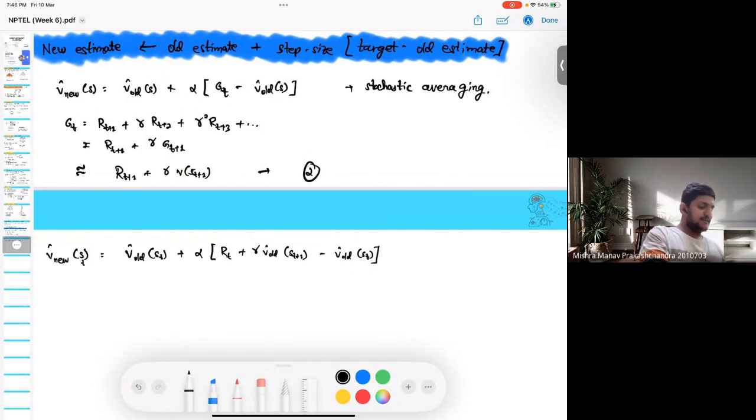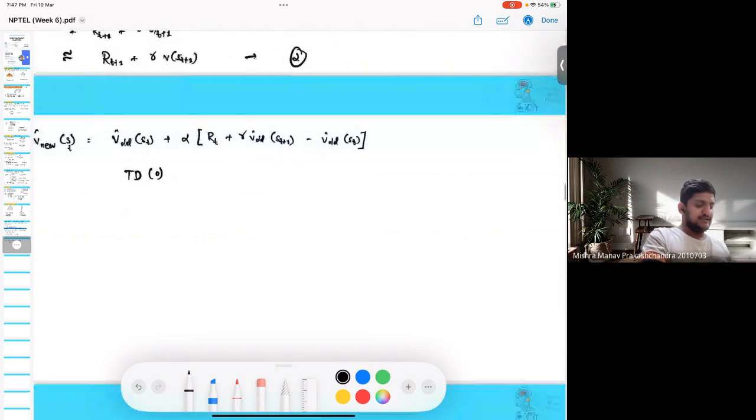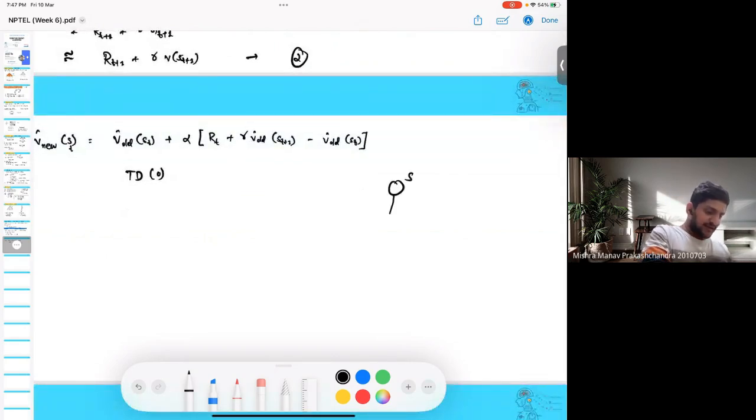So this method or this technique is known as a TD0 method, or it's called temporal difference method. So we'll call it TD0 for now. Now, intuitively, how it works is, let's say I start at state S. I take one action A and I move to some state.